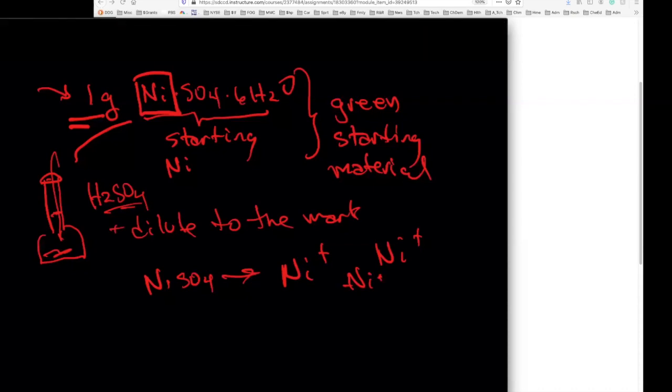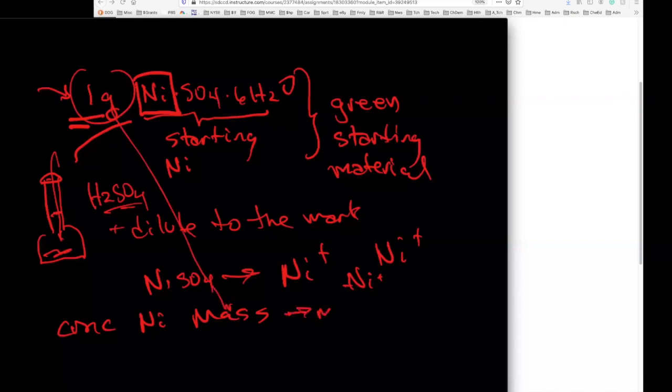What you have is a certain concentration of nickel based on the mass of your starting material, the molar mass, which we said was about 282 grams per mole. So if we have the mass that we weighed out, 1 gram, and we divide by the molar mass, then what we have is the moles.